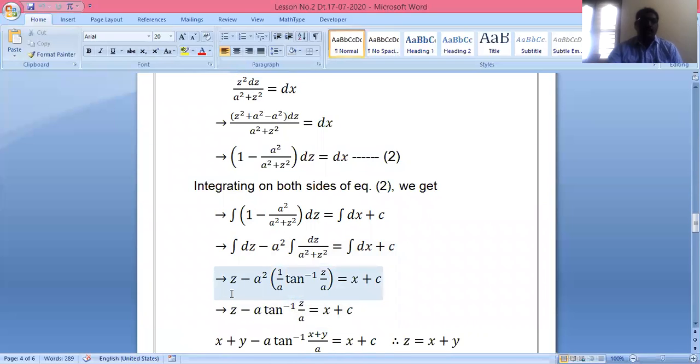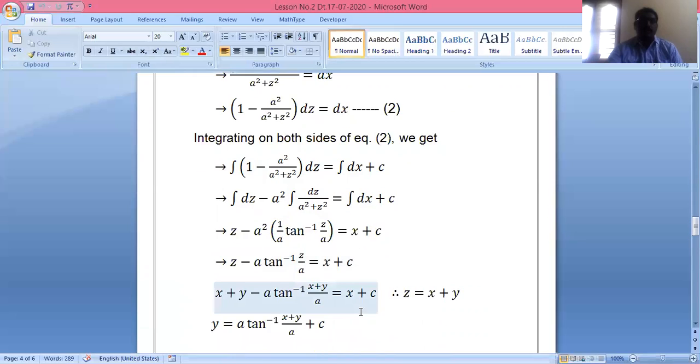That implies z − a² · (1/a) tan⁻¹(z/a) = x + c. That implies z − a tan⁻¹(z/a) = x + c. So x + y − a tan⁻¹((x + y)/a) = x + c, since z = x + y.